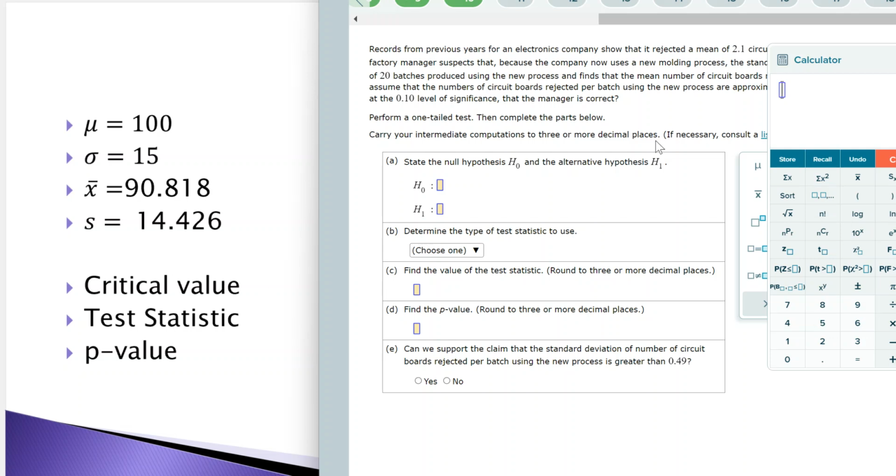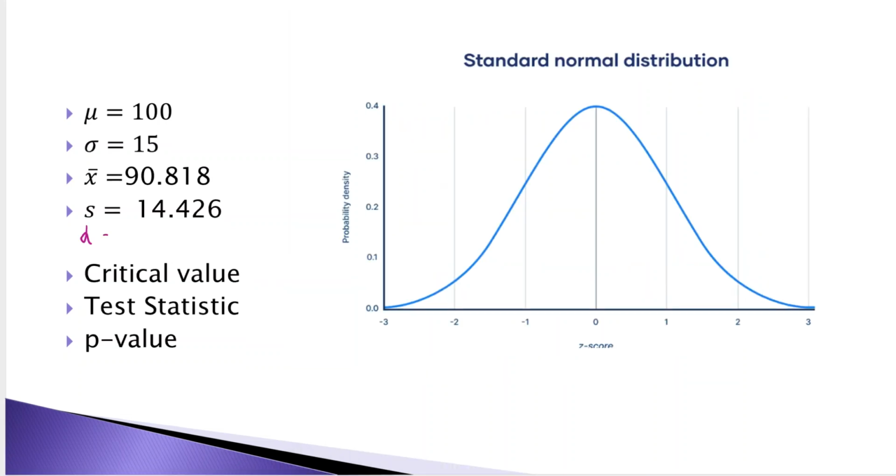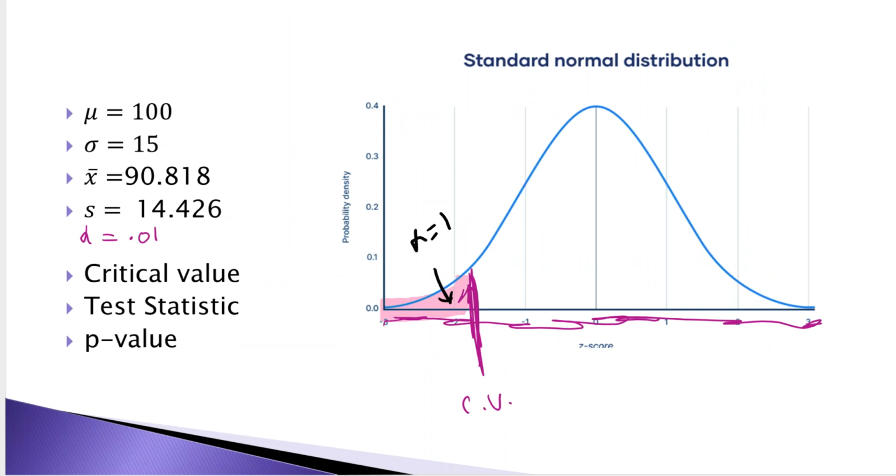Okay, our critical value comes from our alpha. Let me put my alpha in here. In this case, I'm not going to draw these in. I'm just going to put my critical value, and this area here is my alpha, and it's 1%. So I'm going to find the critical value first.